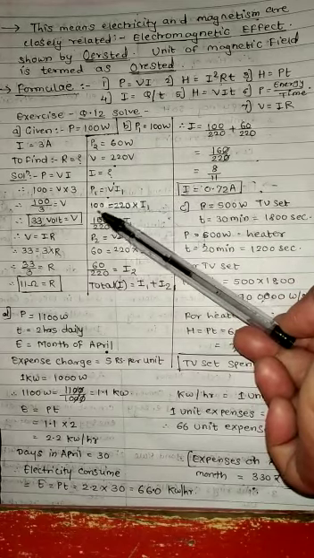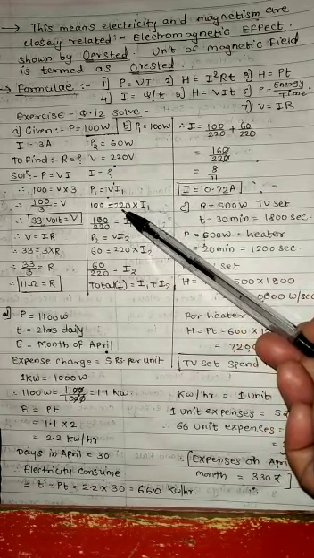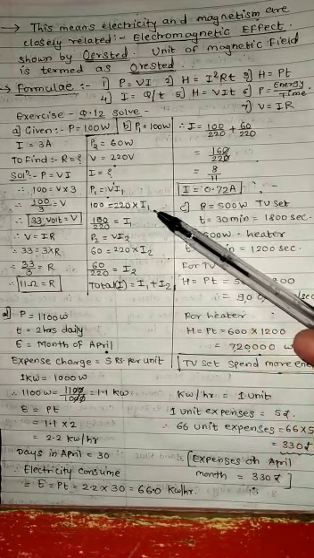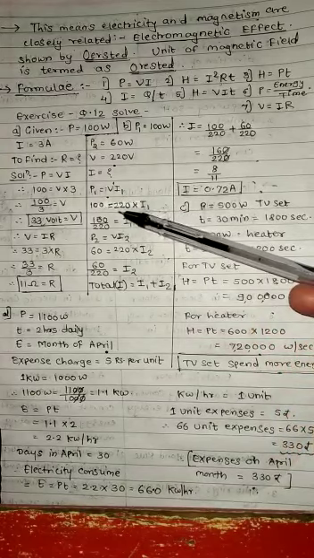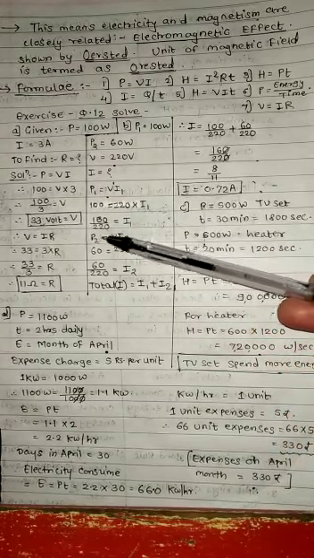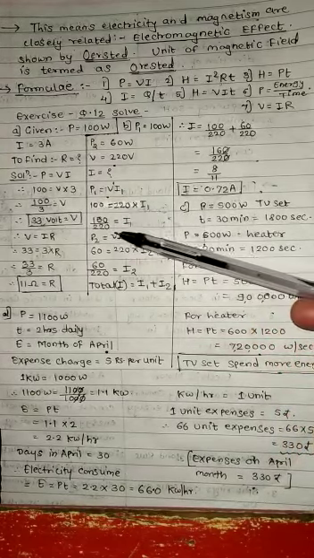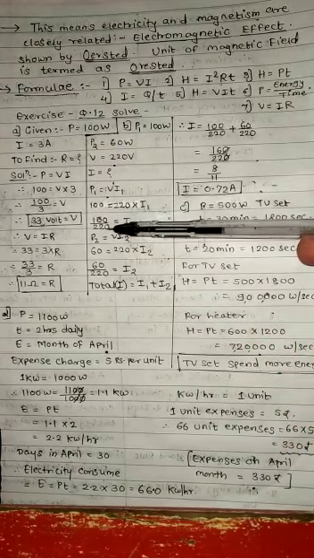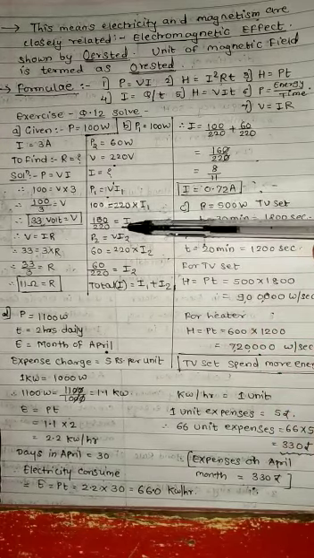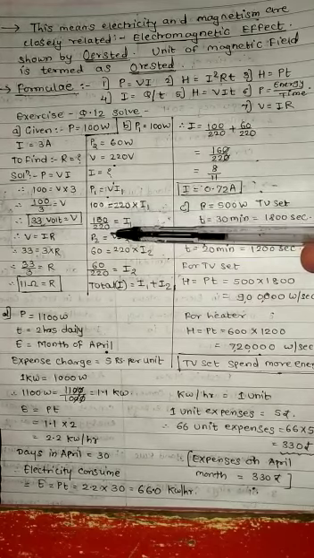P is given 100, V is also given 220, I you have to find out. So I1 is equal to 100 upon 220.